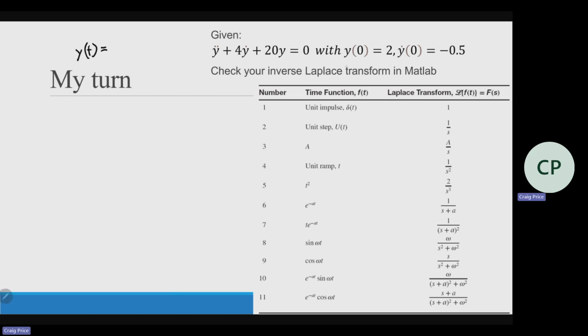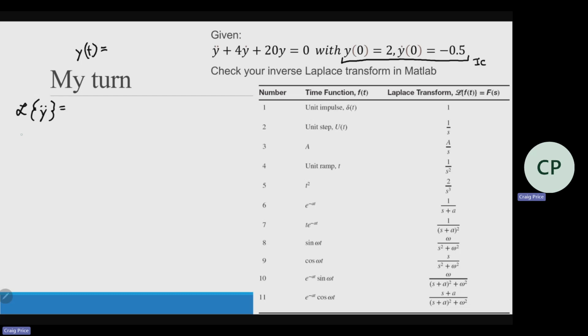We have initial conditions. So instead of making a transfer function, because I have initial conditions, we're going to have to include these. That means we're going to do a Laplace transform of every term. So I'm going to do Laplace transform of y double dot.